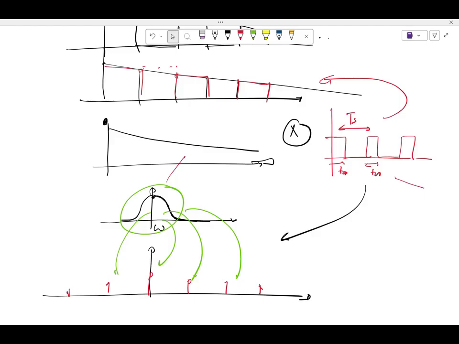So hopefully, I am trying to connect from different domains, and hopefully this clears things up more than confusing you. Basically, pick whichever way of thought works for you. There are multiple ways of looking at the same thing. You want to look at it from time domain, you look at it from time domain.